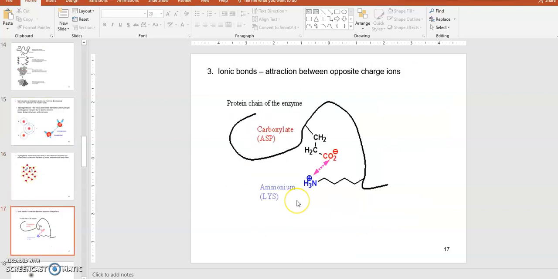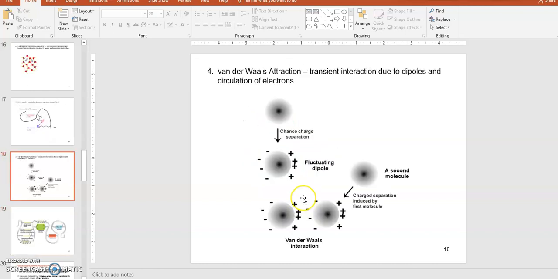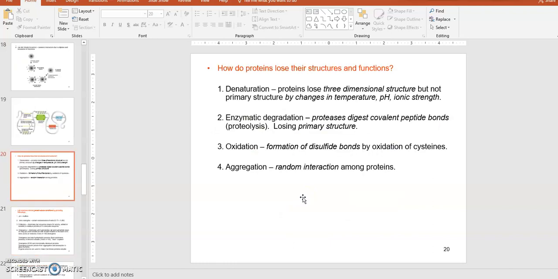Disulfide bonds will be formed under oxidizing conditions. But if you place that protein in a reducing condition, the disulfide bonds will be broken up. So that's again not good. Oxidizing or reducing conditions are not good to maintain the integrity. Aggregation is another way of losing the protein structure. So none of those are good at all.